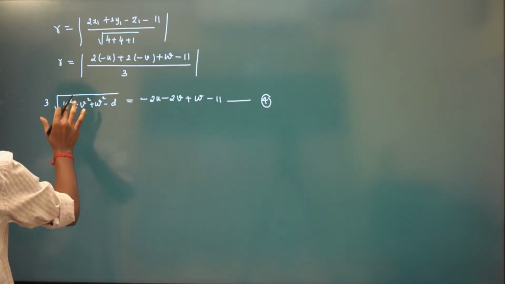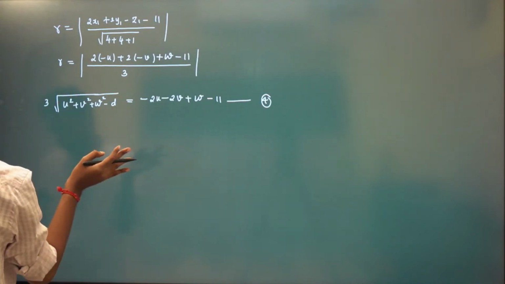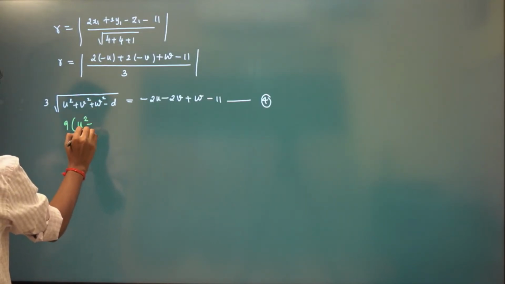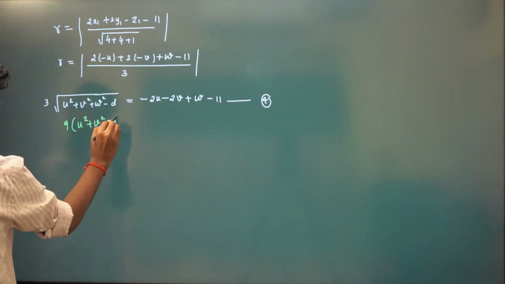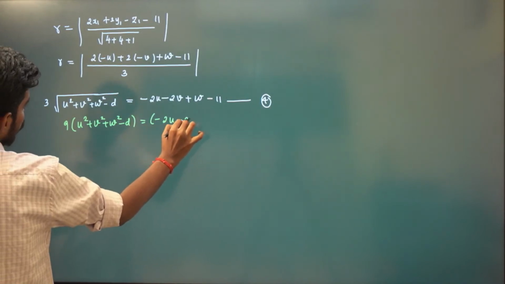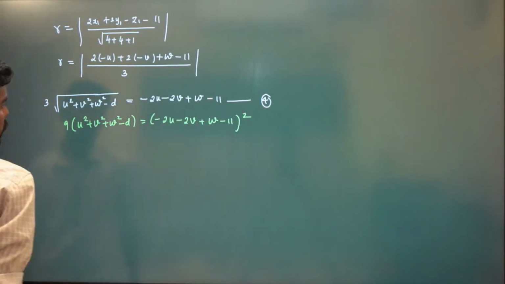If you don't want the square root, you can square it on both sides. You will have 9 times (u square plus v square plus w square minus d), it's a lengthy problem, equal to (2u - 2v plus w - 11) whole square.